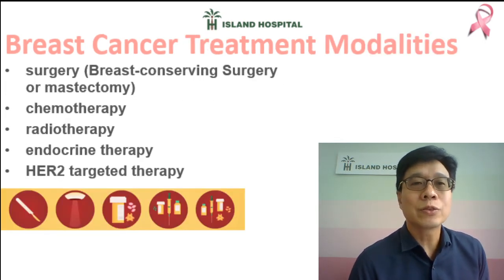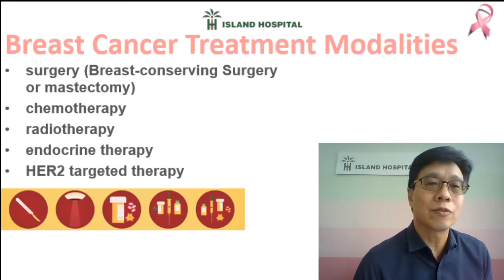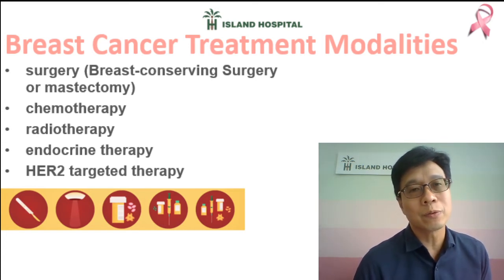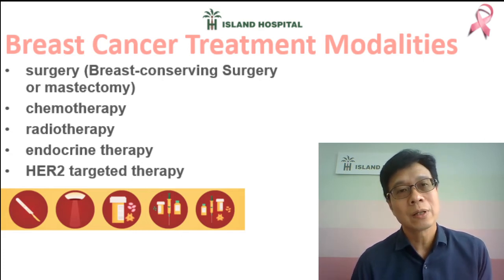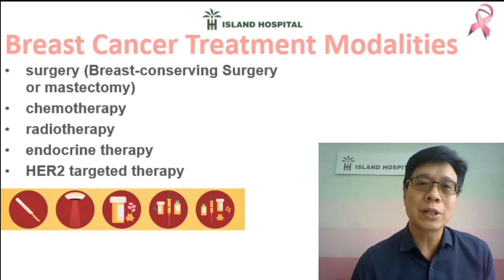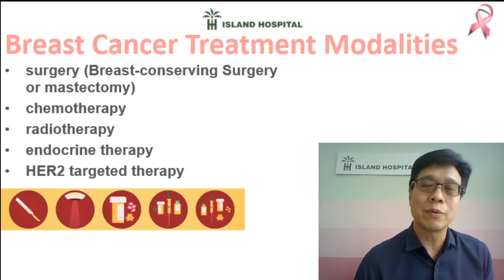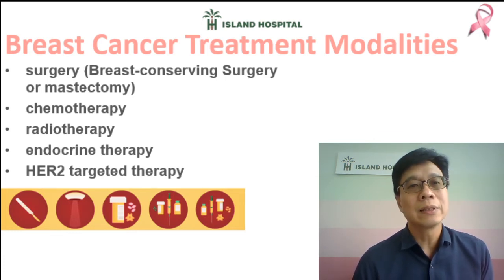The modalities for treatment of breast cancer consist of many, surgery being the most common, and usually we start with surgery if the condition is operable. As I said earlier about breast conserving surgery, we leave the breast intact. We will only remove the tumor in the breast.